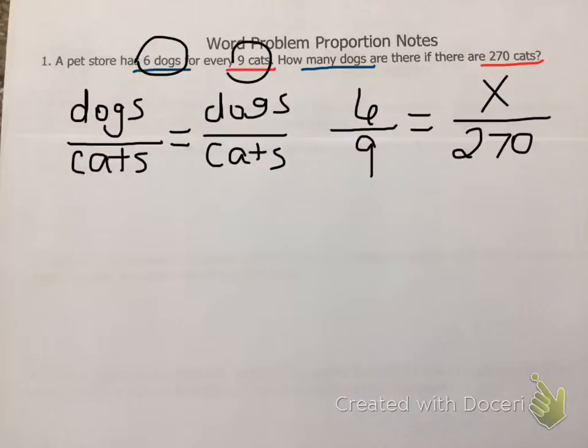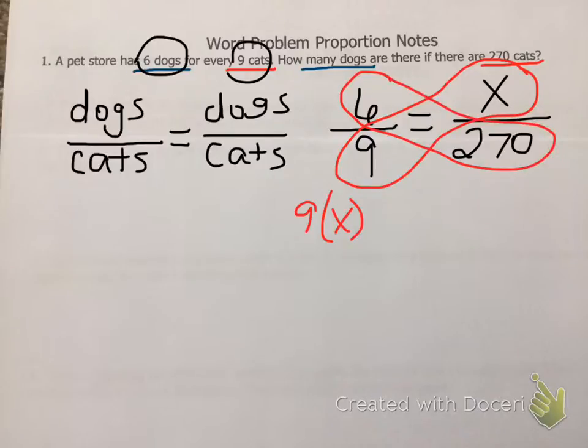Now we're just going to go ahead and solve that. And at this point, that should be pretty simple for you. We will use the cross product property. We could use any property, but I'm going to use the cross product property. 9 times x, and then we are going to do 6 times 270.